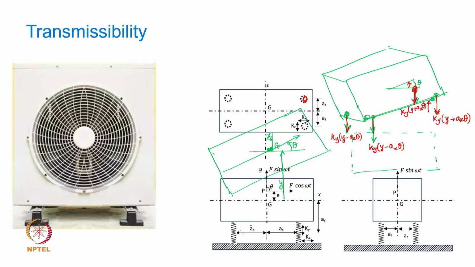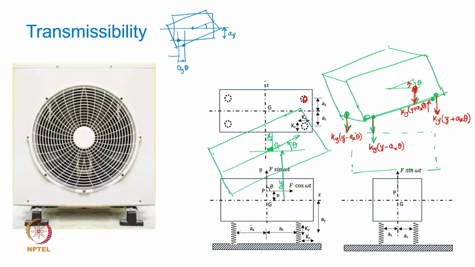So just imagine that the body is not moving vertically but is just tilting. Assume that this body is simply tilted like this, so the corresponding point will get shifted. How much will that shift be? For a very small angular motion, if this distance is ay, then will it not be ay into theta?